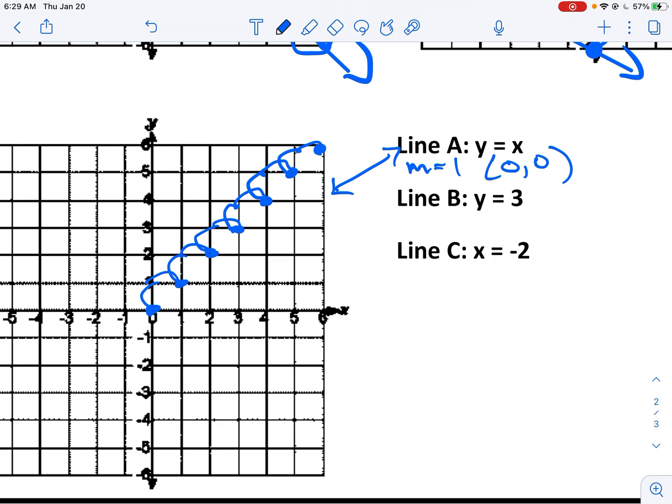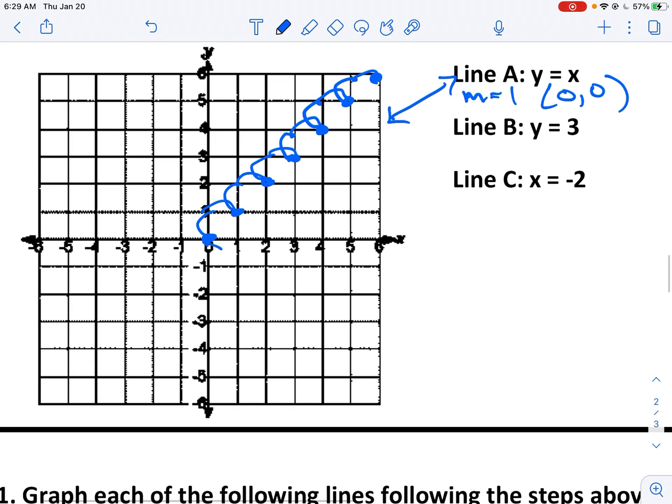Up 1, over 1. And if I had gone down, I would have gone down 1, over 1. And drawn a line.